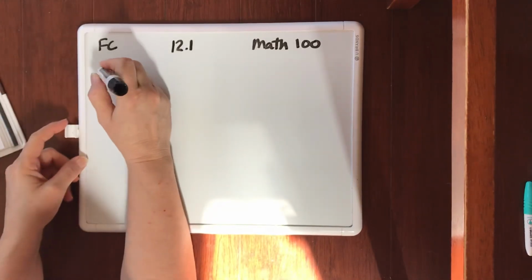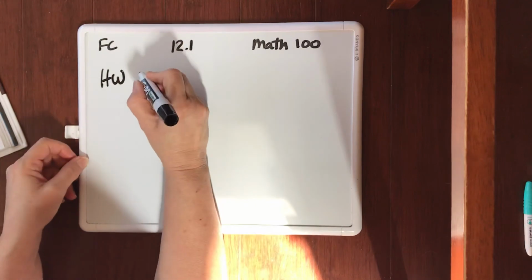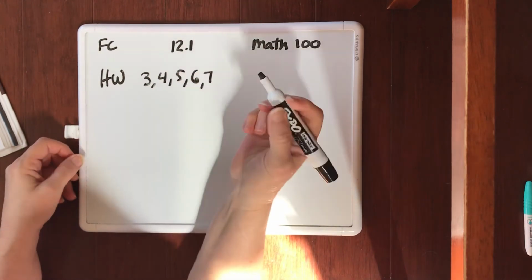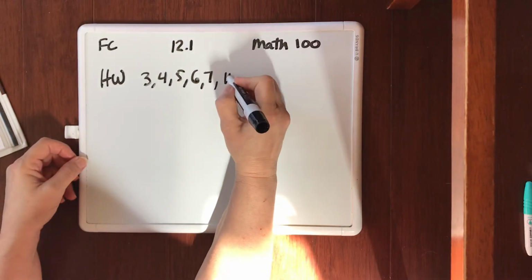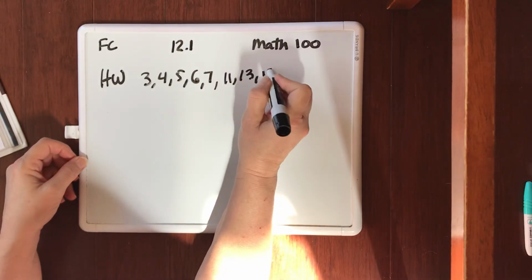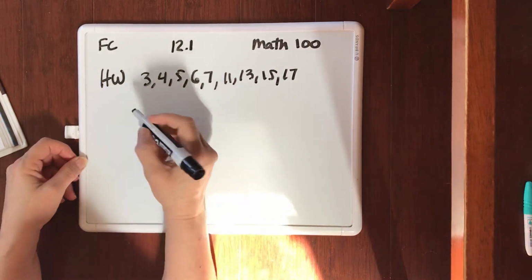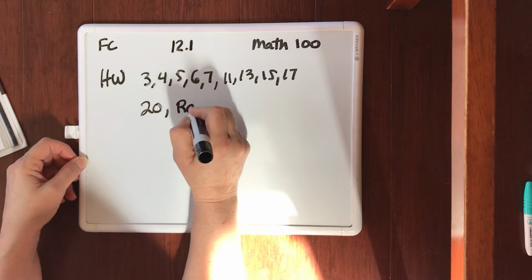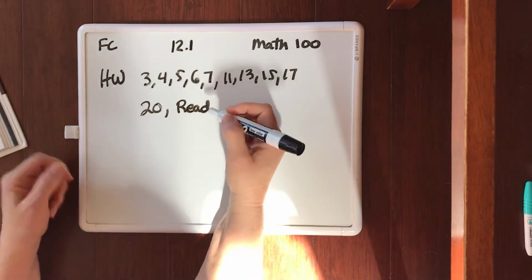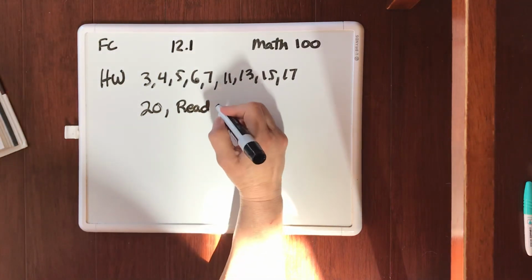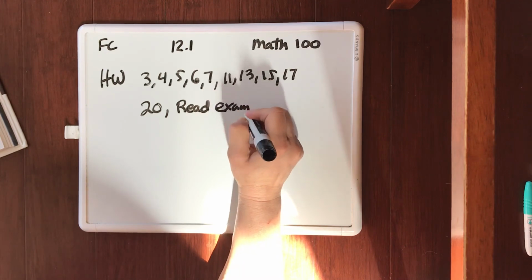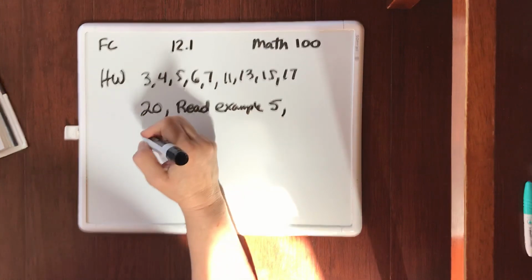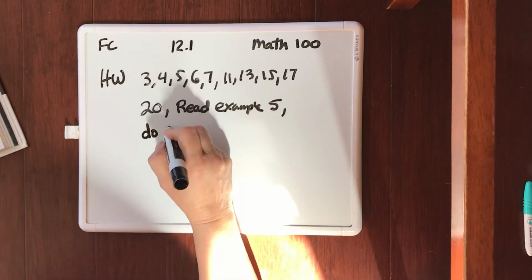So here's your homework. 3, 4, 5, 6, 7, 11, 13, 15, 17, 20, and then this one, because there's so much information, I don't really want you to write it all down. Just read example 5. Now, after you read example 5, do question number 31.